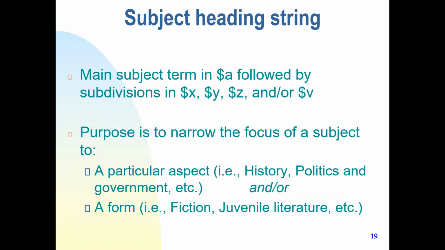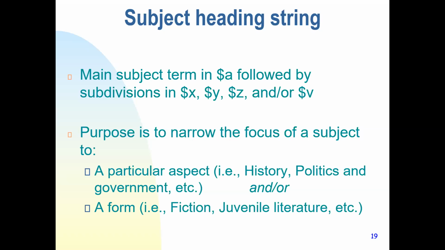Okay, so the screen here just talks about subject heading strings and how we code them. In a MARC record, the main term goes under subfield A, and then we would have subdivisions X, Y, Z, and or V for each subdivision.